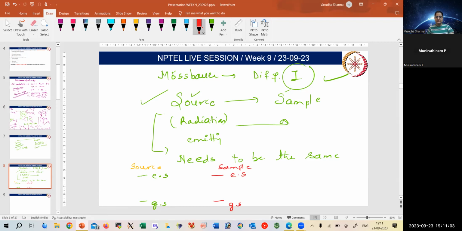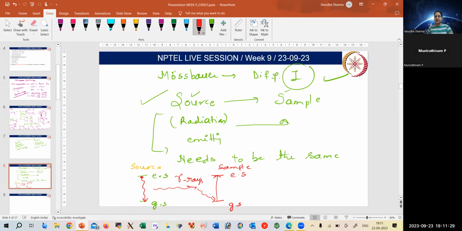So when my source is already in an excited state, it will emit energy. It will come back to the ground state, and therefore it will emit energy as gamma rays. These gamma rays would be absorbed by the ground state of the sample, and it will get excited. And then some spectra would be visible because of the absorption that has happened.